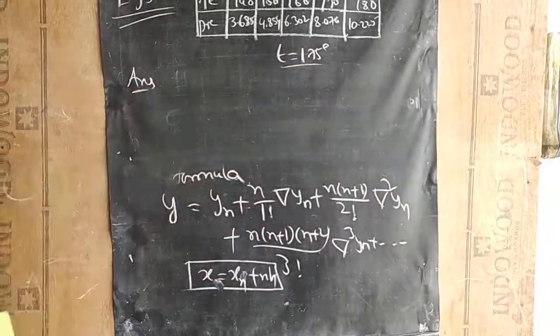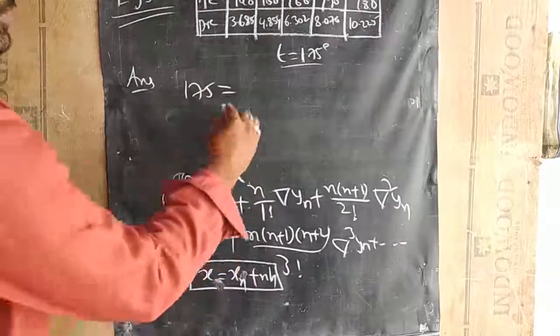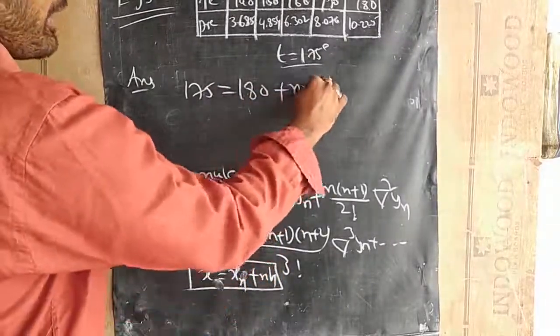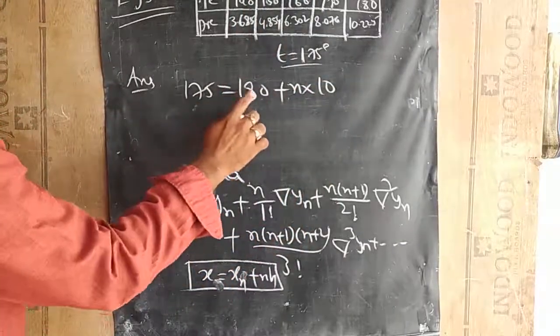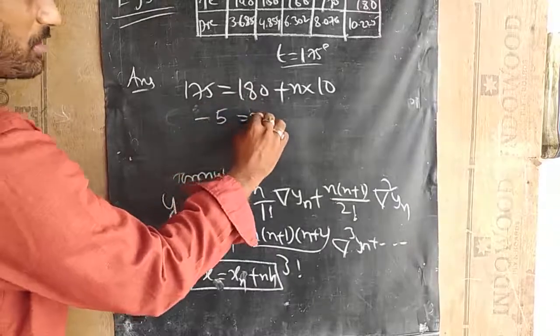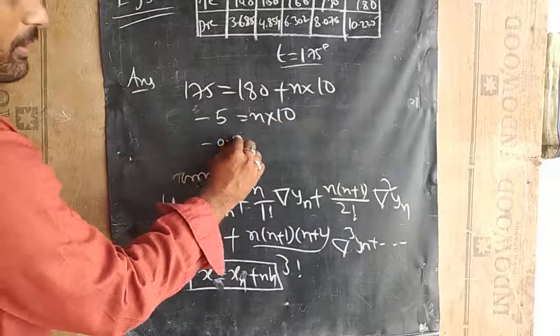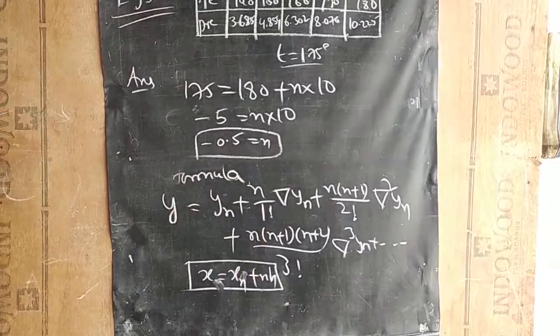So what are we going to get here? x is 175. 175 is equal to 180 plus n value, which we don't know. The h gap is 10. So 175 minus 180 will become minus 5 is equal to n into 10. So minus 0.5 will be the n value.